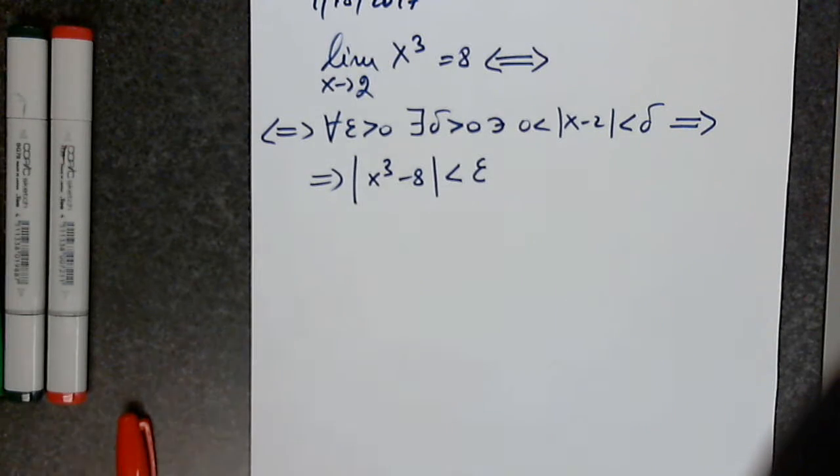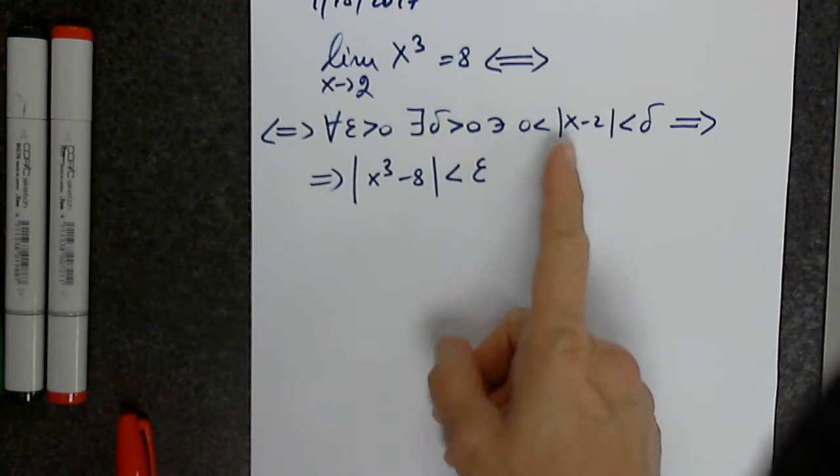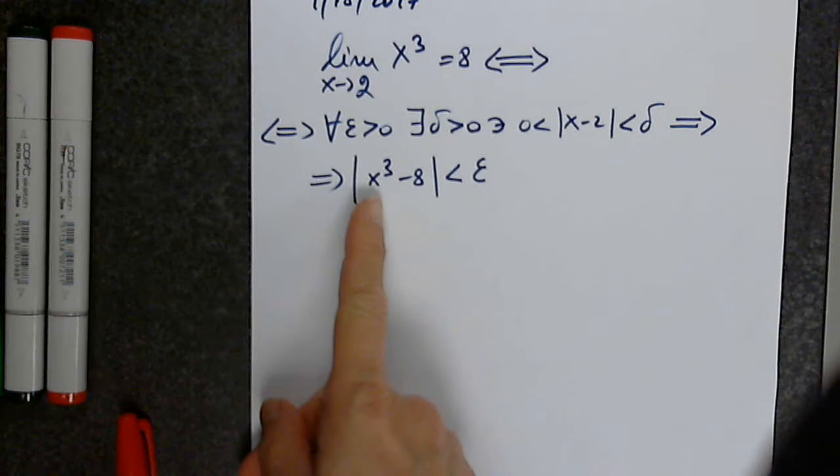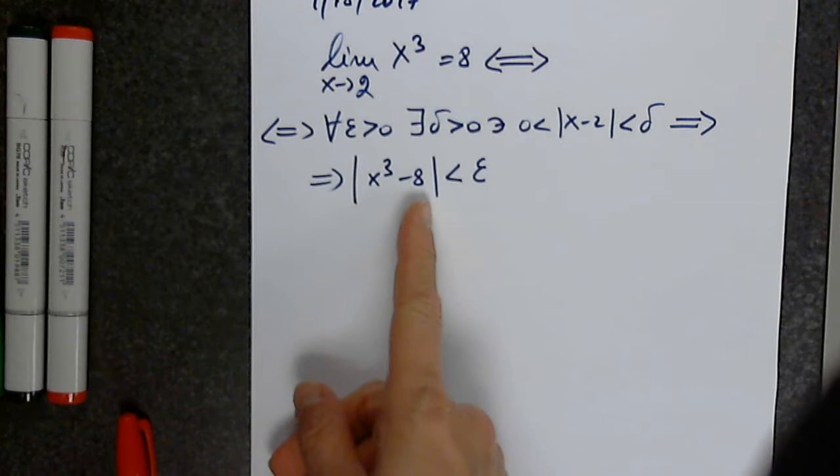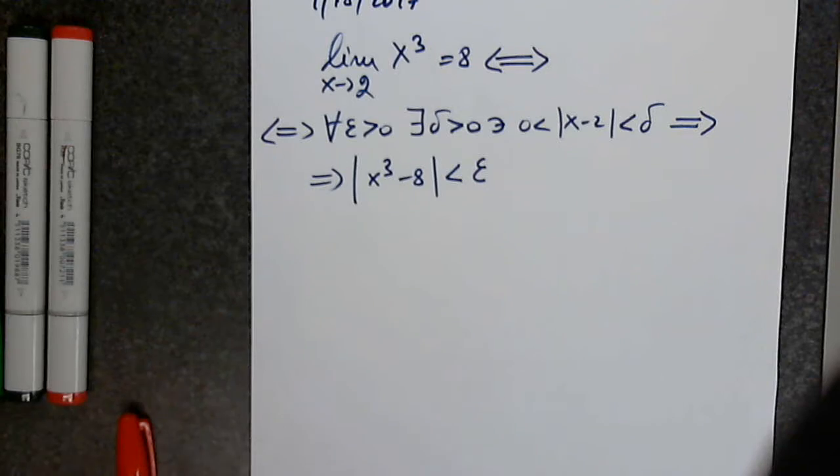And we know what all this means: if I pick x close enough to 2, f of x, which is x cubed, will be close enough to 8.